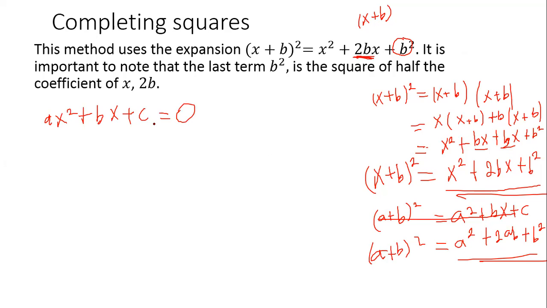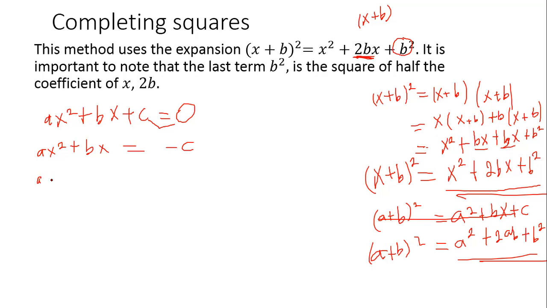So we first take the c to cross the equal sign. So we remain with ax squared plus bx is equal to negative c, because the c has crossed the equal sign, so it becomes negative.